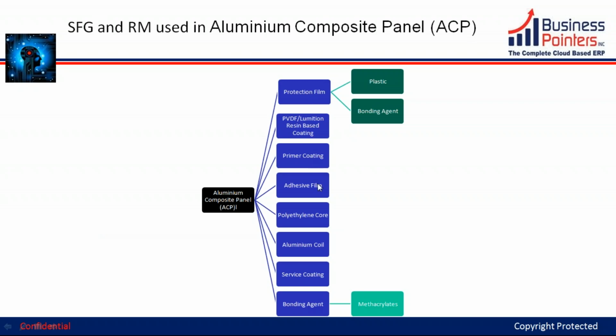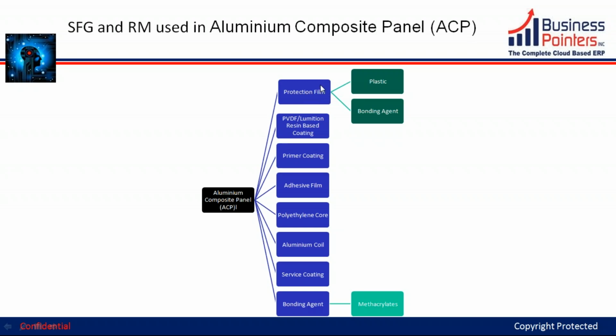So we have 1, 2, 3, 4, 5, 6, 7, 8 components that are required to make aluminium composite panel, plus the first component will also require raw materials. For example, we have plastic and bonding agent to make protection film, and then the protection film will be used to make the aluminium composite panel.